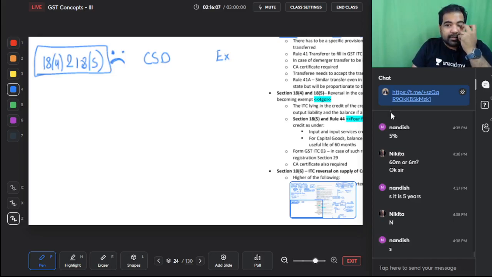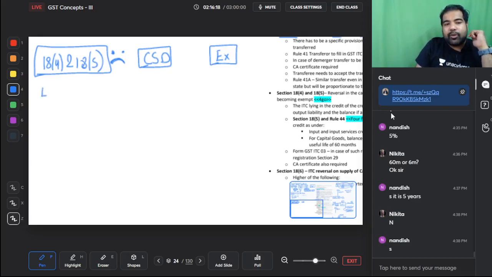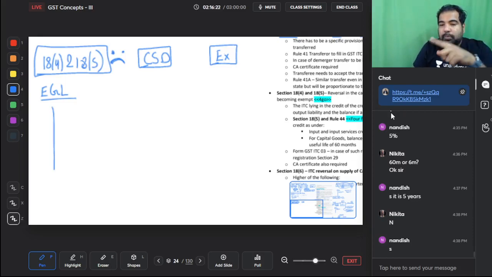So they say, listen, from now onwards you are in the composition scheme, so you are going to pay us very low GST. Or in exempt supply, you are not going to pay any GST. So whatever credit you already have in your credit ledger, you need to pay off your liabilities and you need to disappear, you need to forego it. That is why 18(4) is forego, and this is rule 44. 4 and 4, forego.